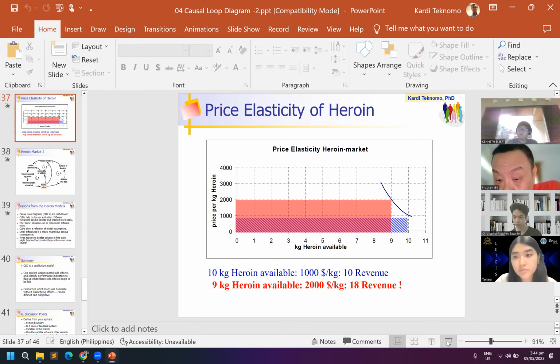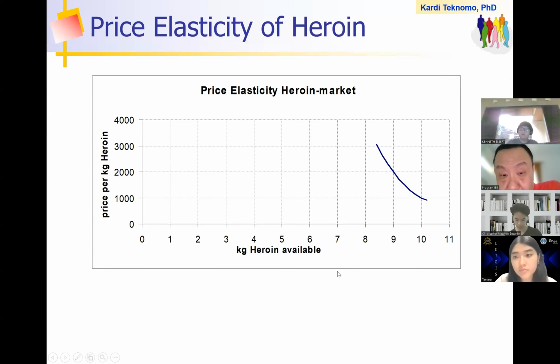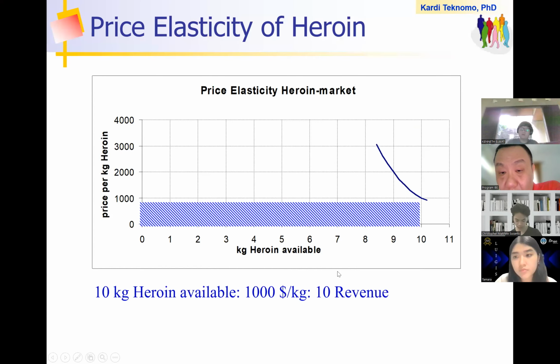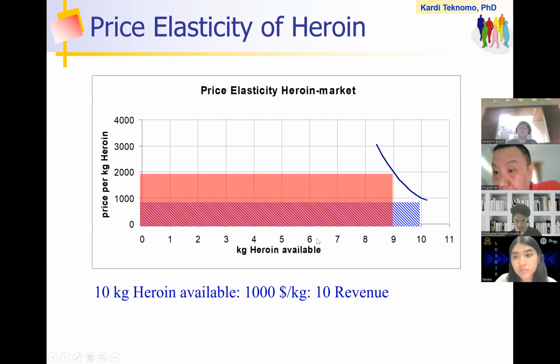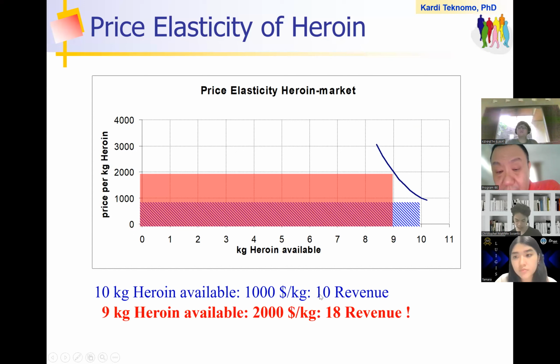Because of this price elasticity model, you can see that the less heroin in the market, the more the revenue is actually increased, right?